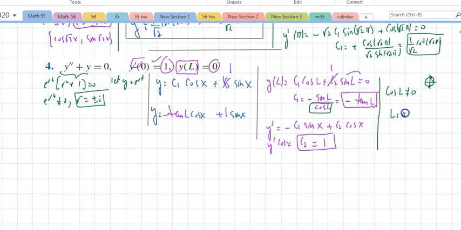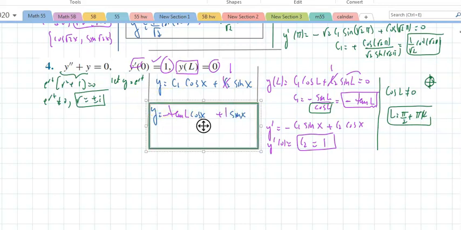That's when L equals pi over 2 plus pi times k, or n, where k is an integer. So here I would say this is my solution, provided L does not equal pi over 2 plus pi k. And that would be my final answer.